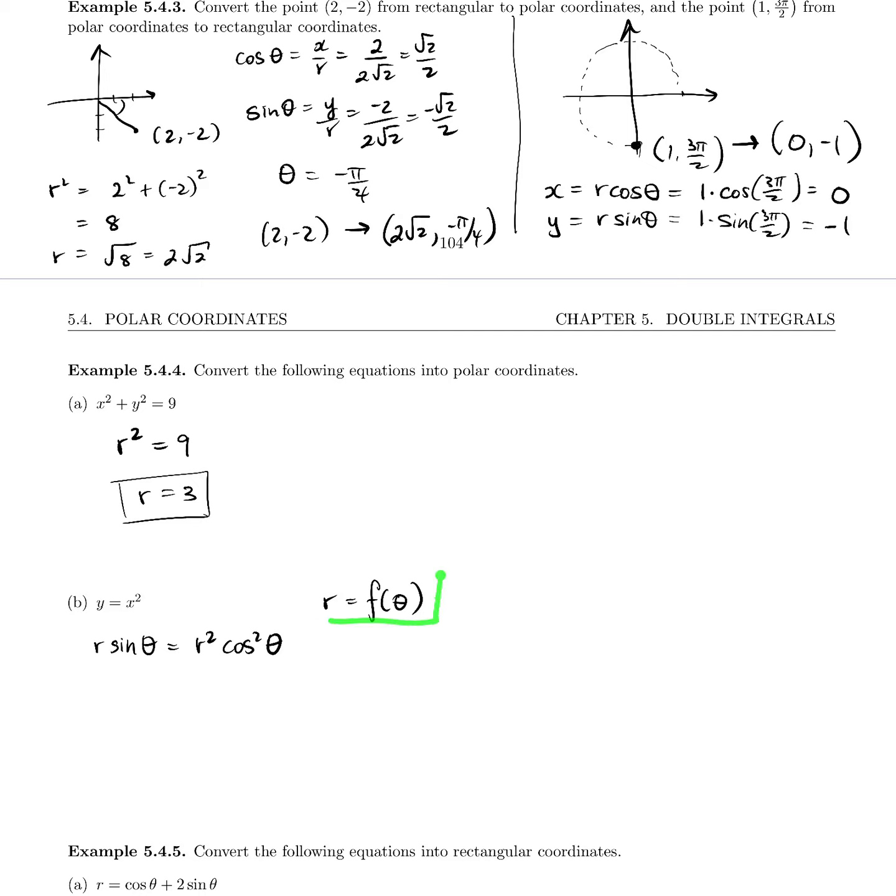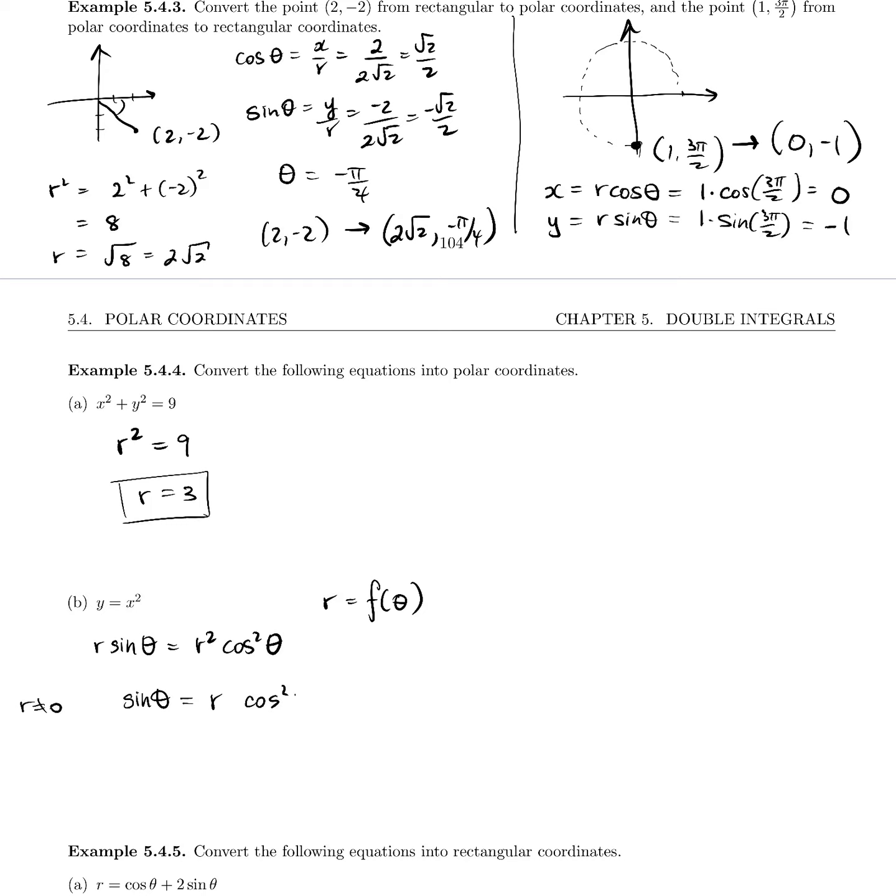Regardless, r is f of theta is the usual form for a function in polar coordinates, so we want to isolate r. Now, we have an r on both sides, and as long as r is not equal to 0, I can divide by it, and I'm going to get sine theta is r cos squared theta.